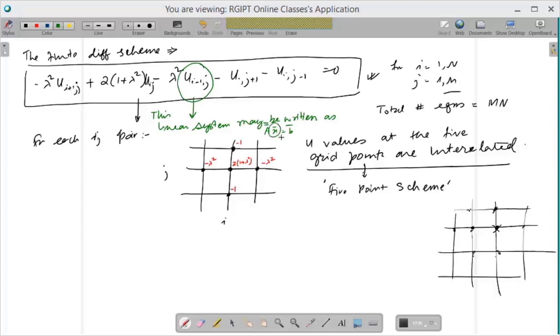And therefore x, which is my unknown, that is u. Okay, so the u vector, u actually u_ij, if your motive is to recast this kind of interrelationships in the form of a linear system, then I want to recast u_ij as a vector, right? Should be recast as a vector. Okay, that's what we are going to do next.